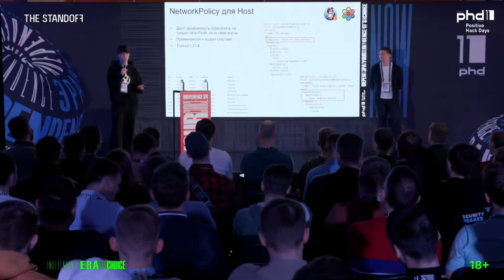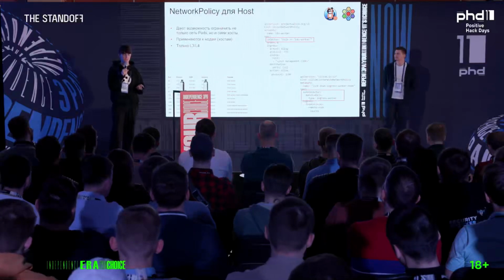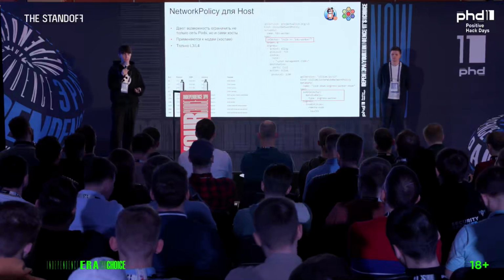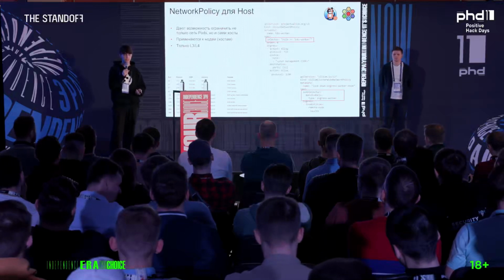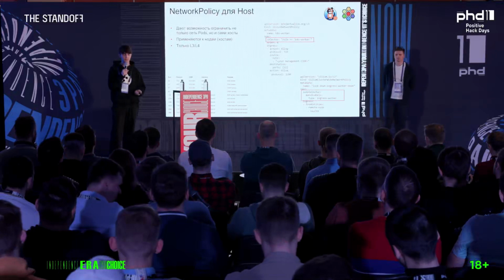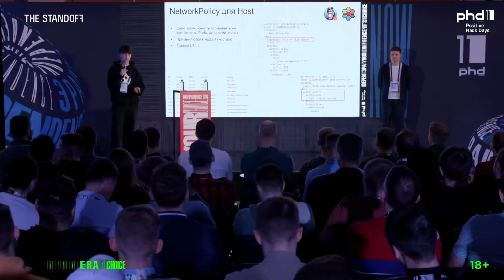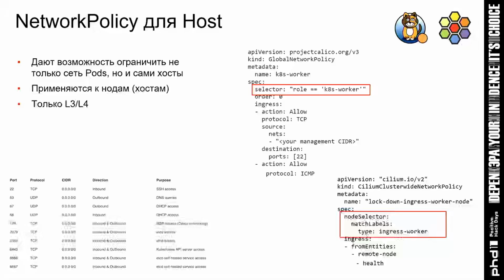By default, the native network policy can only limit pods across the network, but we can also limit the host, that is to say, the nodes where they operate. In Calico, you just need another resource and make use of it.